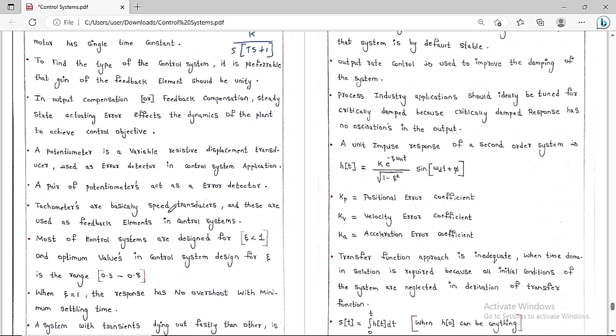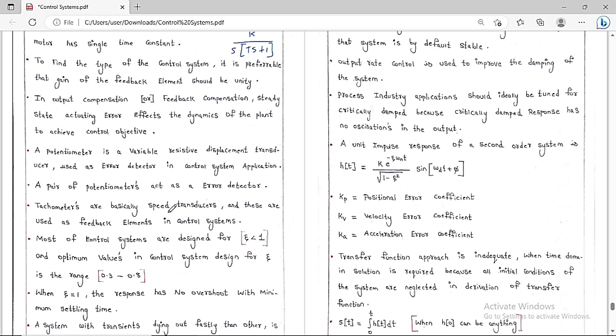So we can say the optimum value of zeta in a control system is from 0.3 to 0.8. Most control systems are designed for a damping ratio lesser than 1, and the optimum values in control system design for zeta are in the range from 0.3 to 0.8.